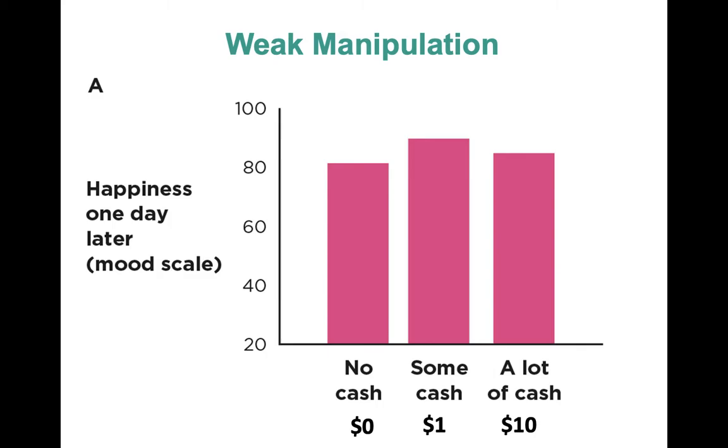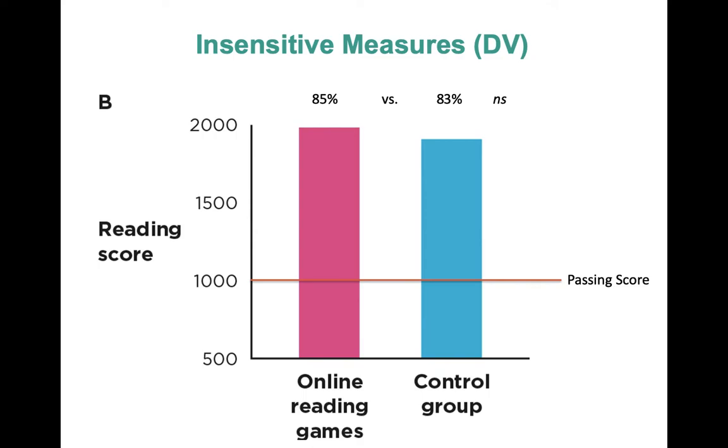So one reason that there's no difference between the experimental conditions here is it's just a weak manipulation. The differences between the conditions and the amount of money is just not strong enough to produce a sufficient change in happiness, especially not 1 day later. Okay, so that's the first possibility.